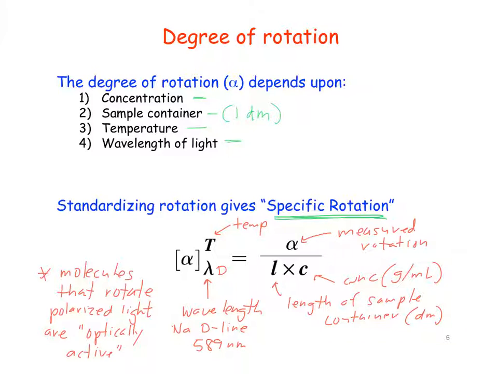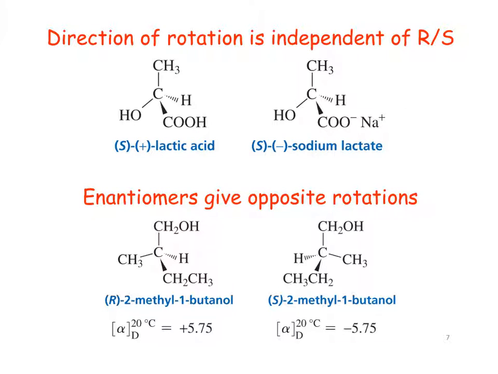A racemic mixture of chiral molecules, so an even one-to-one mixture of enantiomers, will also be optically inactive. One other thing is that the direction of the rotation that we observe doesn't depend directly on whether the chiral center is R or S. It depends more on the molecule in total.